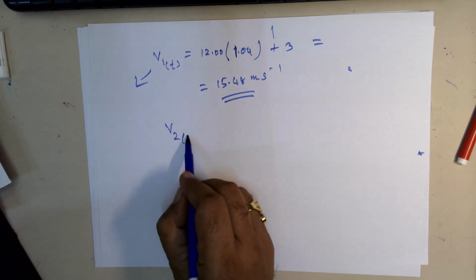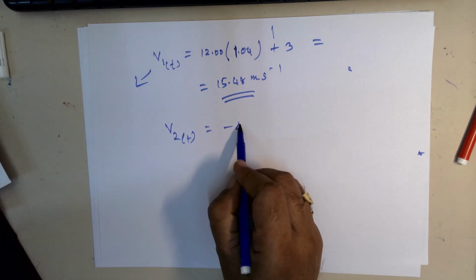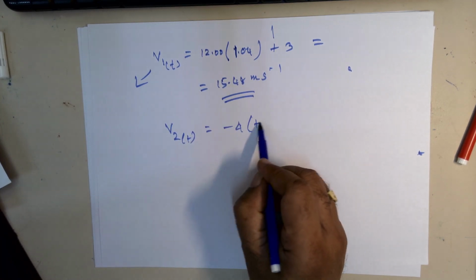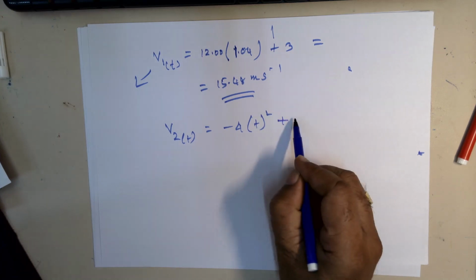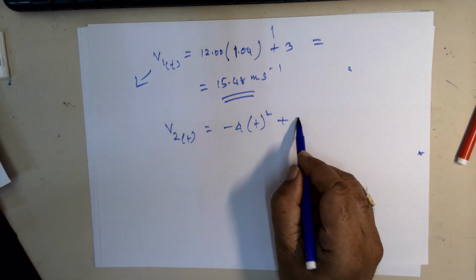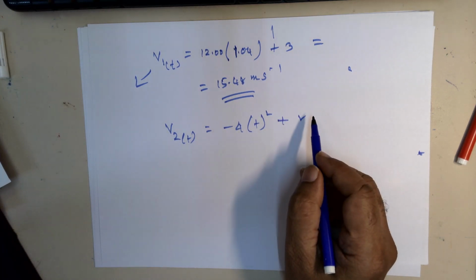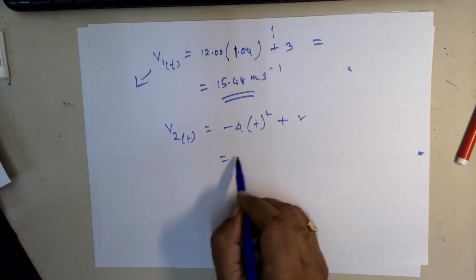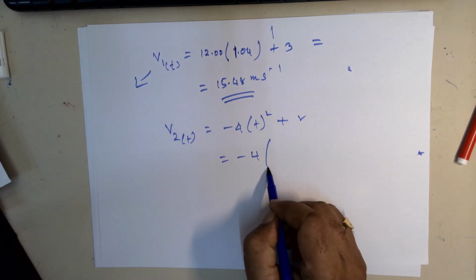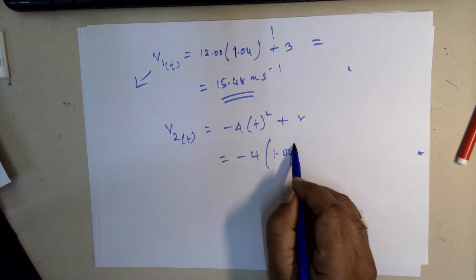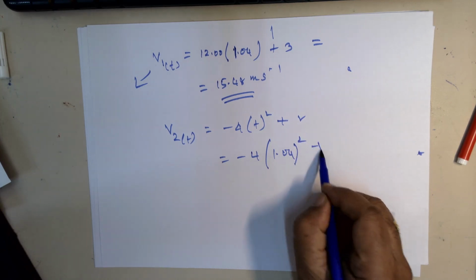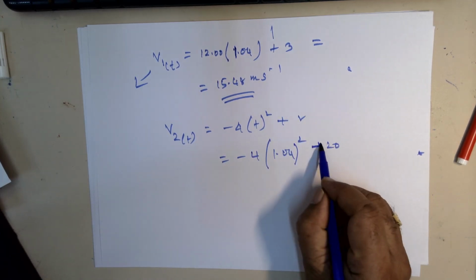For V2, you got another equation. That is minus of 4 t square, plus that 20. That is V. Okay. So it means minus 4 into 1.04 the whole squared plus that velocity is 20.